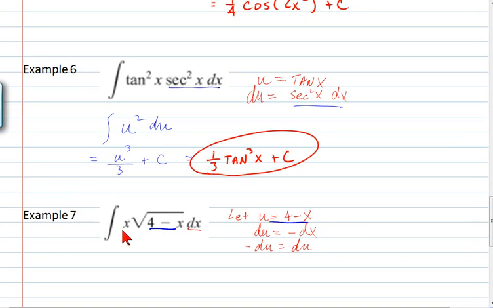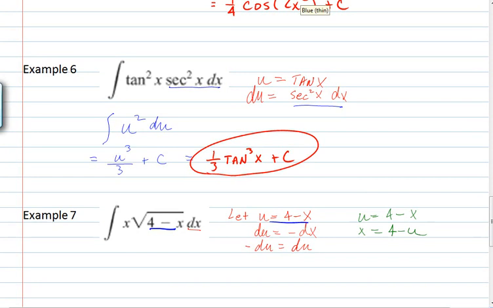What about that x right there? We have a problem. Well, sort of, not really. I just got to write that x in terms of u. So I have this equation right here, u equals 4 minus x. Well, can't I solve this equation for x in terms of u? So if I add an x to both sides and subtract a u from both sides, I get x is equal to 4 minus u.